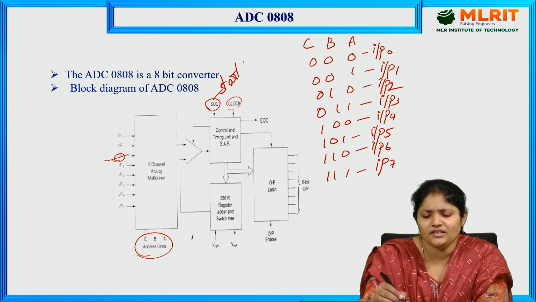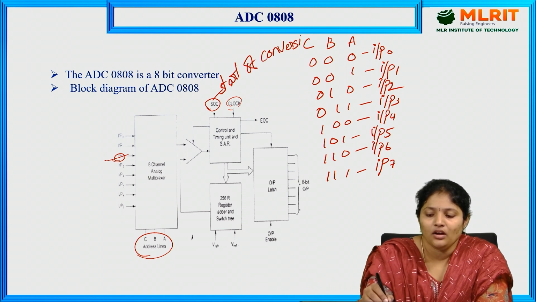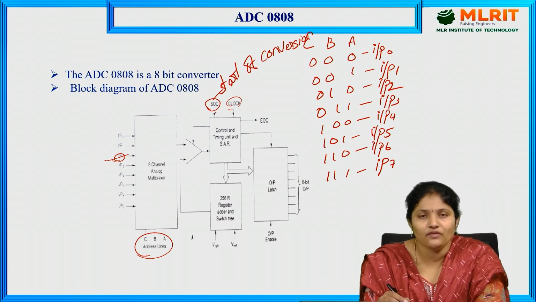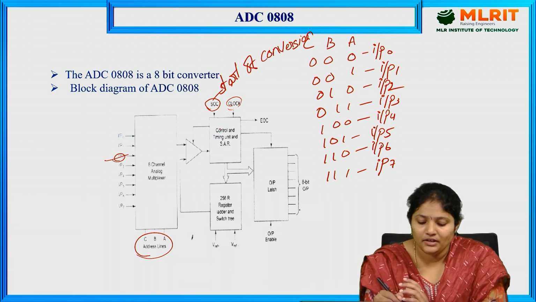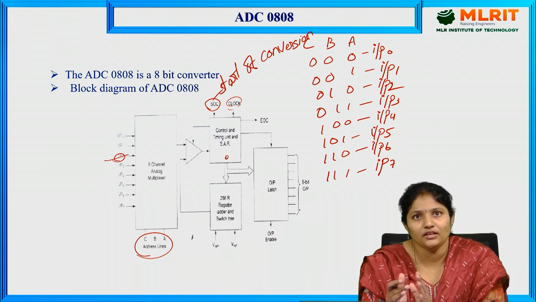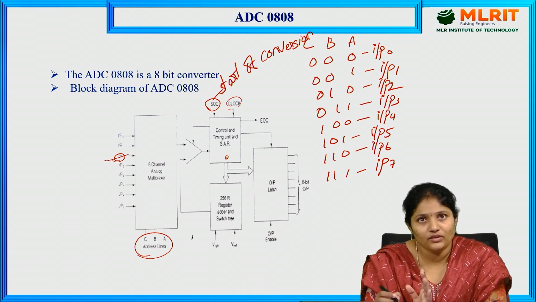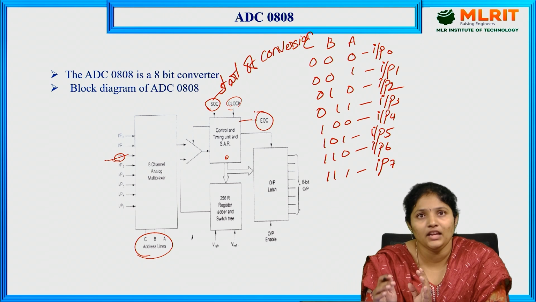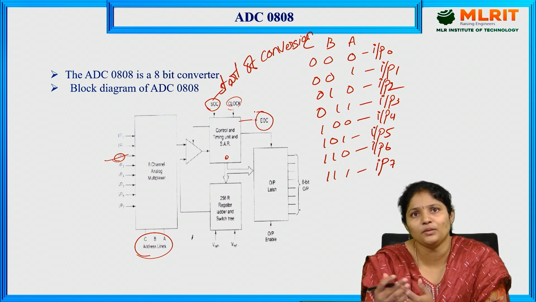We get the start of conversion from the processor. Once we have received it, this unit will convert the corresponding analog signal to the digital signal. Once it has done the conversion, it will send another control signal, EOC, end of conversion, to the microprocessor.